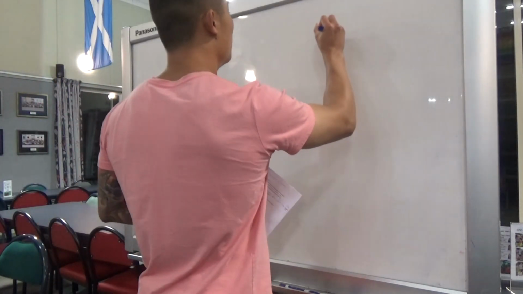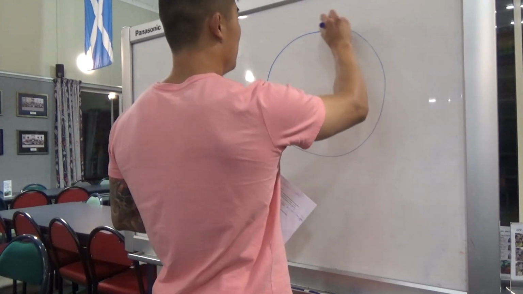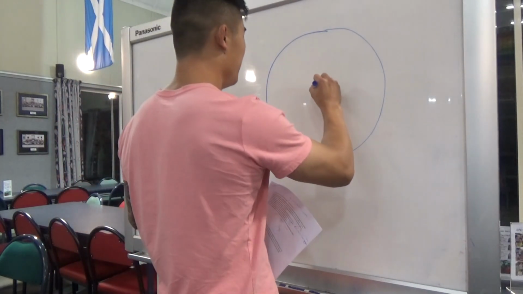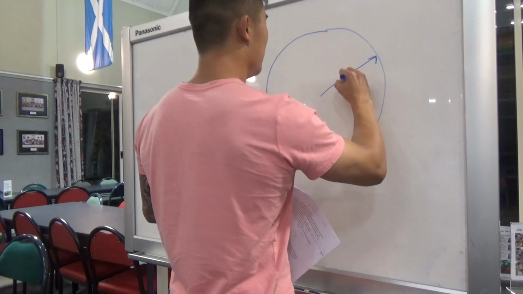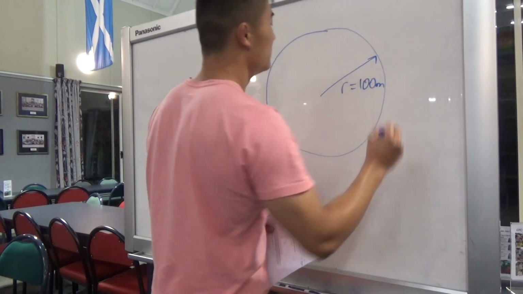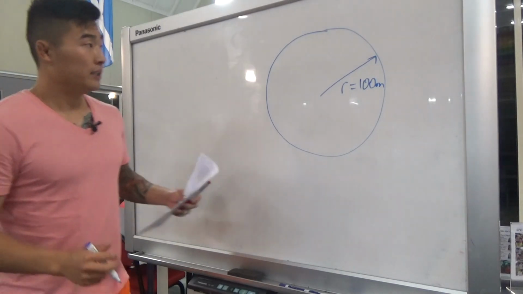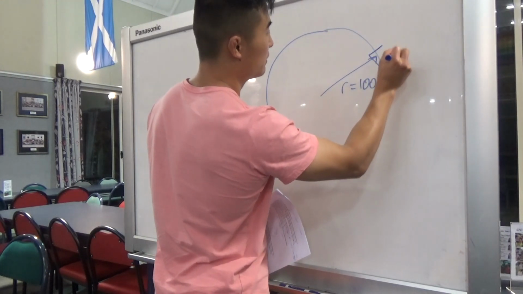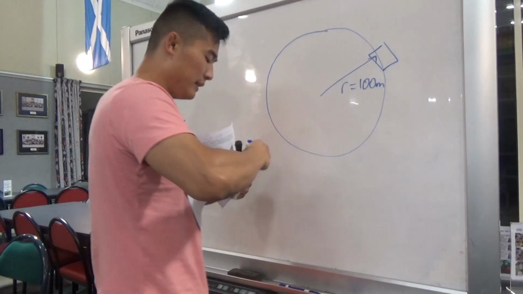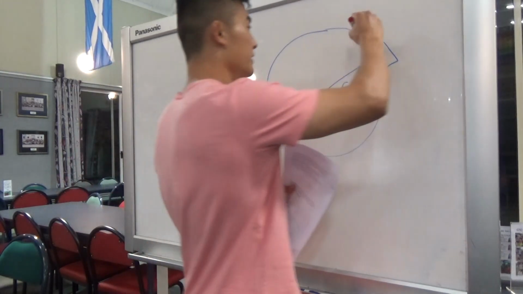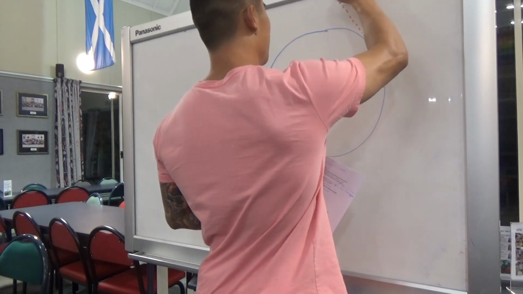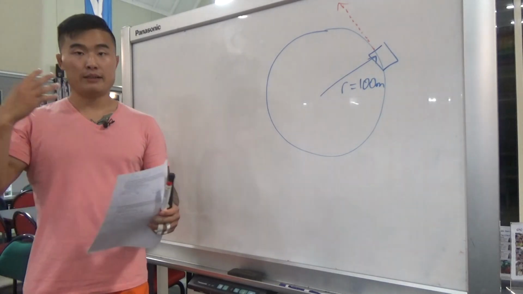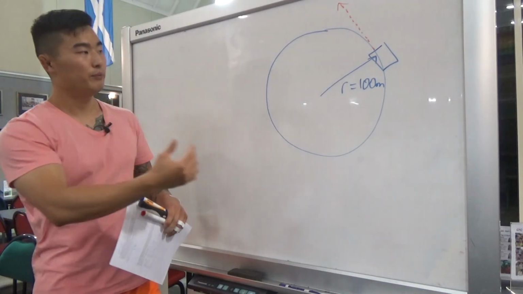So we have this is the path of the truck, and we know that the radius is equal to 100 meters. And if this was the truck here, and there was no centripetal force, it would want to keep going in a straight line, but there's some centripetal force that's pulling it back towards the center.